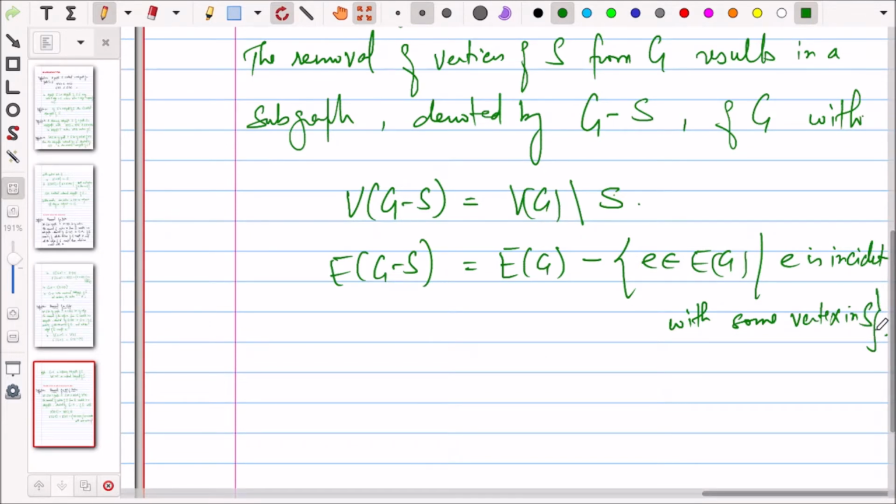So जो भी एजेस हैं जिनका एक भी एंड पॉइंट S के अंदर लाई करता है, तो उसको हम रिमूव कर देंगे हमारे G माइनस S के लिए. ठीक है. Is it fine?